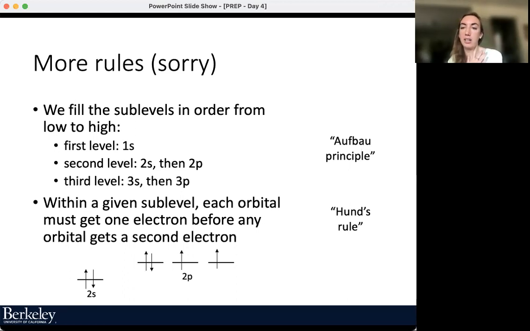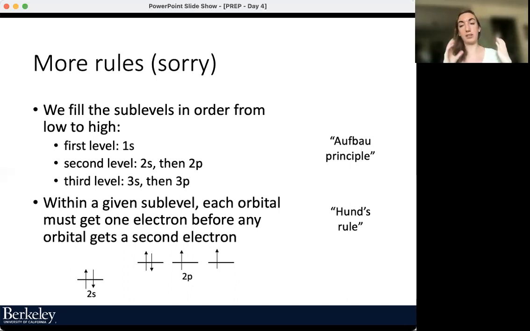I like to think of it at this level just as shelves. An orbital is like a bucket that can hold up to 2 electrons. So that's all you need to know at this point. An orbital can hold up to 2 electrons. And then we just fill those buckets in order.